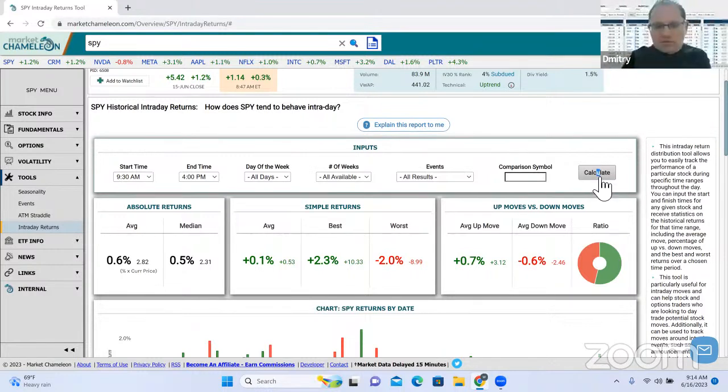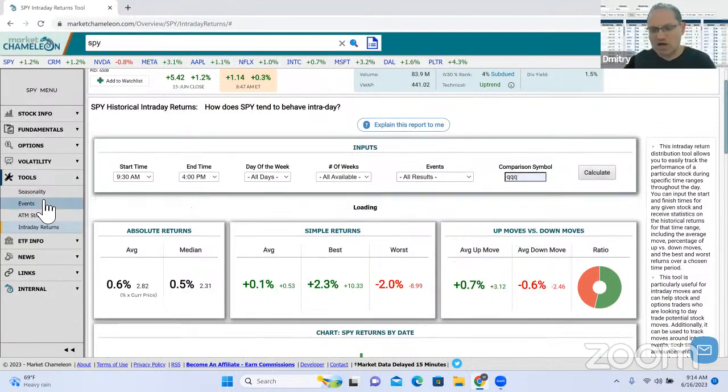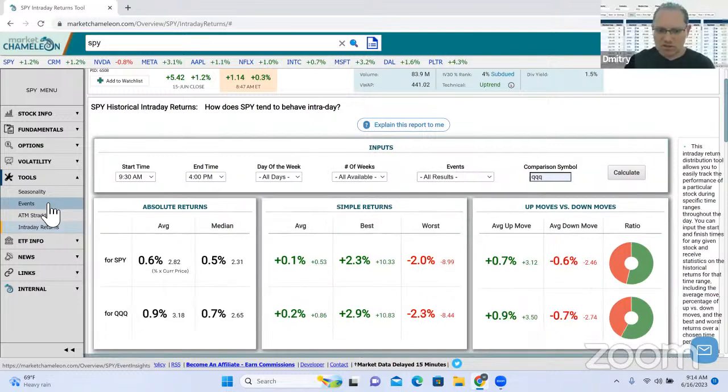So I'm going to compare this to a different stock just to see how SPY's distribution of returns compared to something else in the same time period, right? So if I lined it up in the same time period, I'm going to put it in here, and I'm going to choose QQQ. So this is SPY versus QQQ, S&P 500 versus NASDAQ 100.